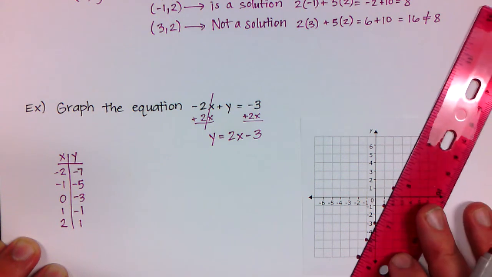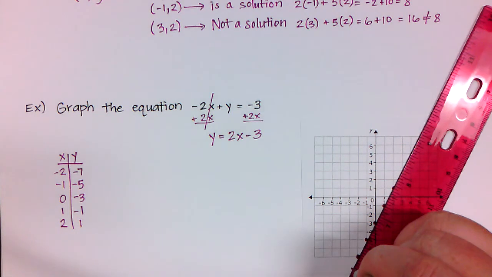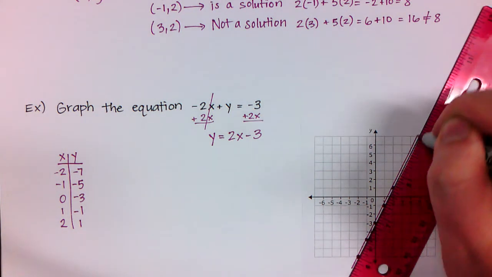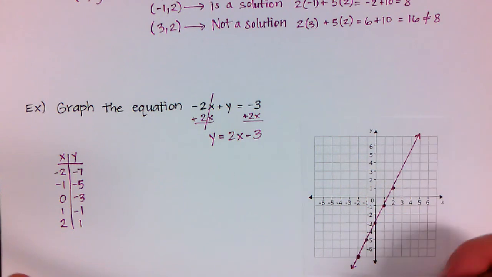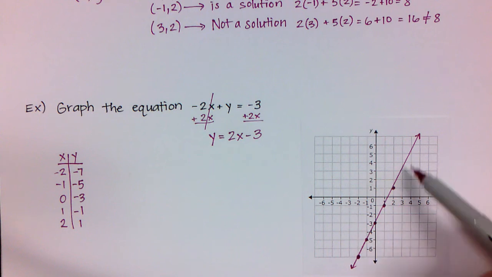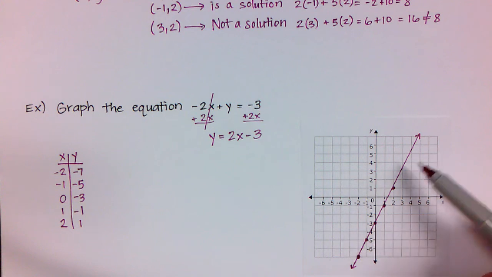I'm just doing 5 just to make sure that I am on the right track. When you're done, we are going to connect all the dots with our ruler and draw an arrow going in both directions, because this graph means that all of these points, and there's so many more, are solutions for this equation going in both opposite directions.